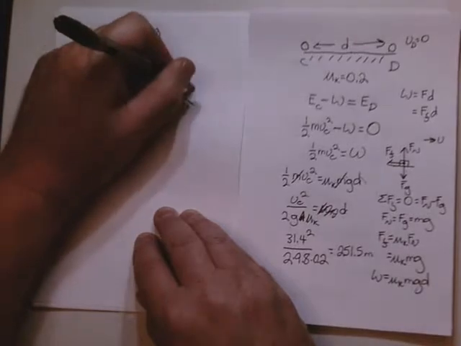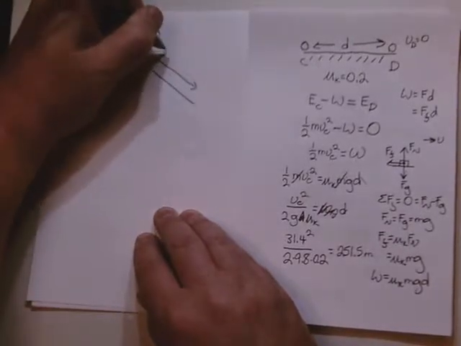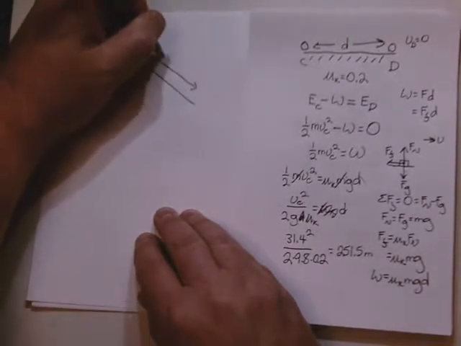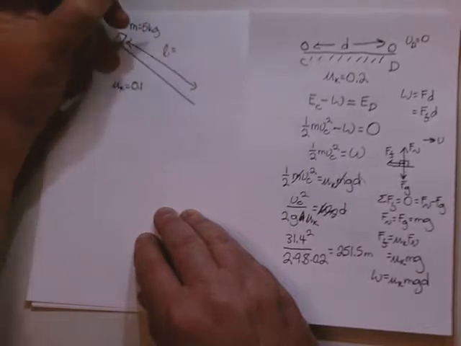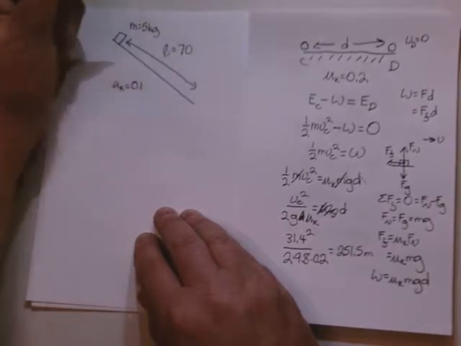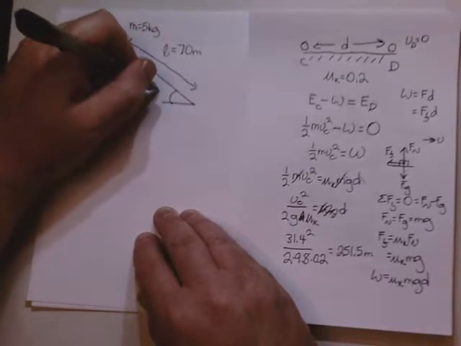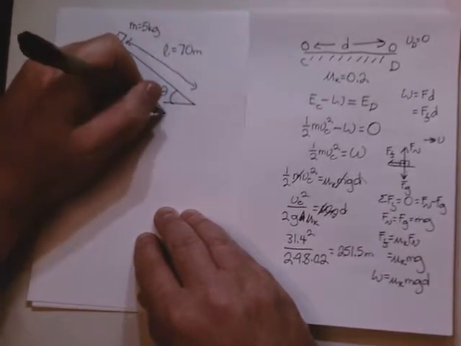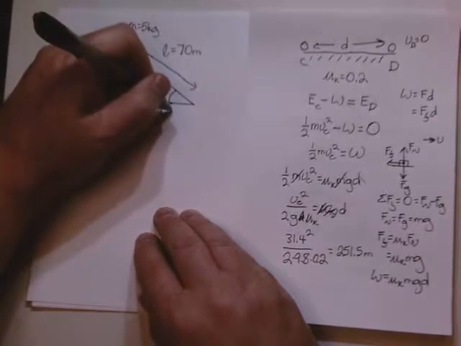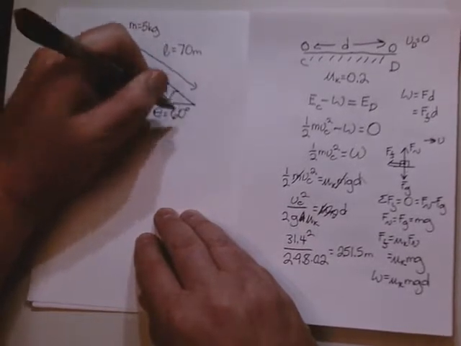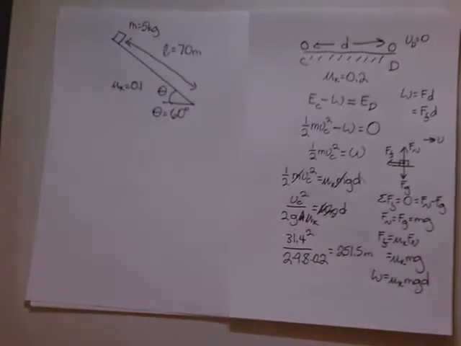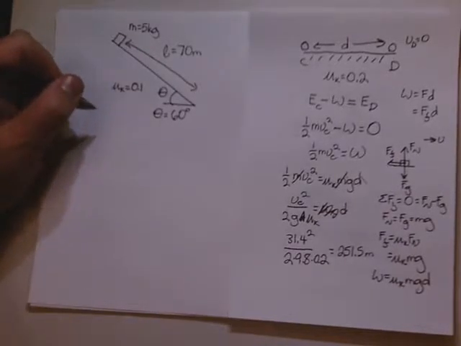This length here is distance L, which is 70 meters. The angle theta I'm going to set at 60 degrees. Now it has just overcome friction.